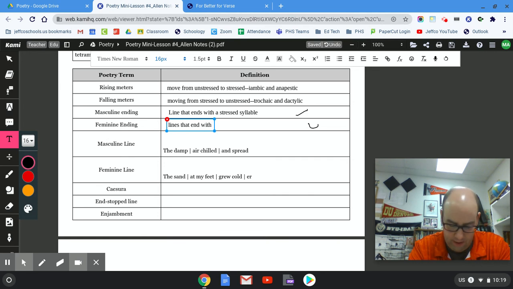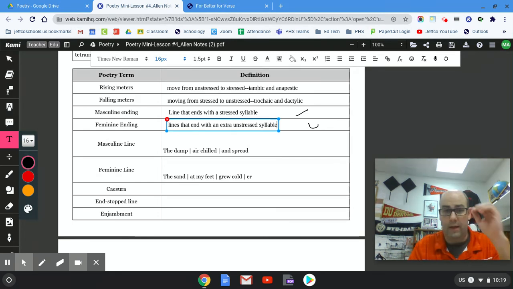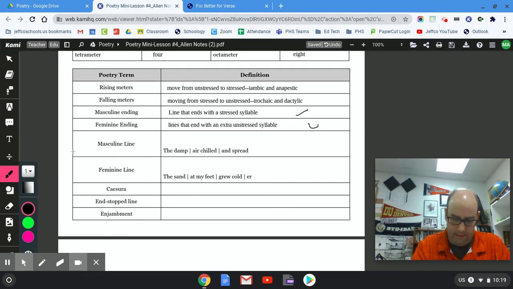So feminine endings are lines that end with an extra unstressed syllable. And we'll see a line like that. So I have 2 examples right here. And the masculine line is iambs, right? So the damp, air chilled, and spread. Awesome.